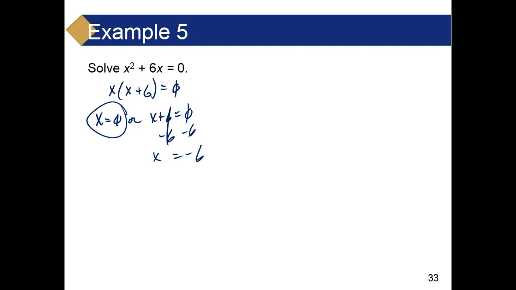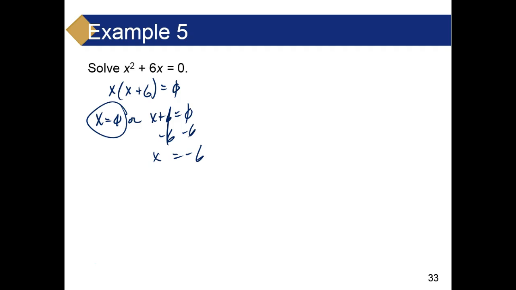Let's see if they're right. Really easy to check, aren't they? Let's plug in x equals 0. 0 squared is 0, plus 6 times 0 is 0. 0 plus 0 is 0. Yes, that works. How about negative 6?